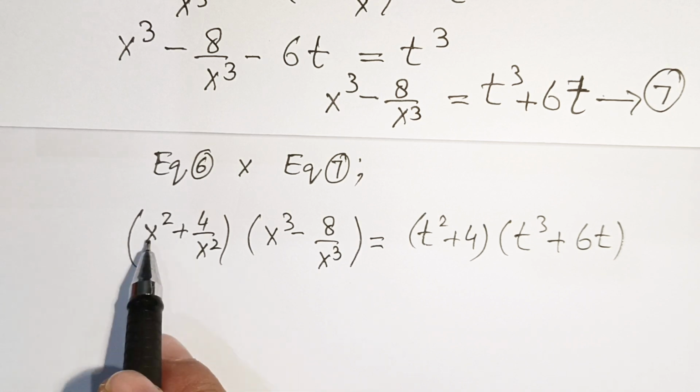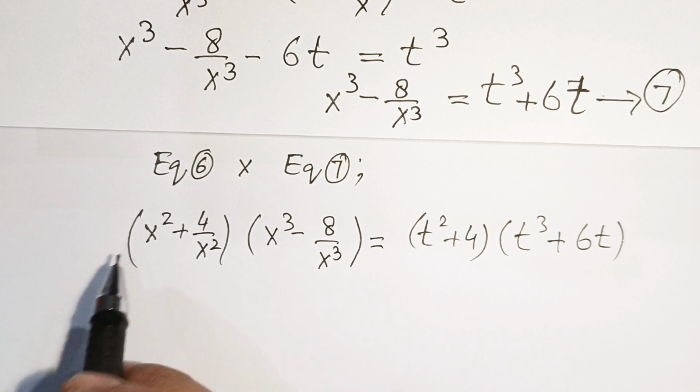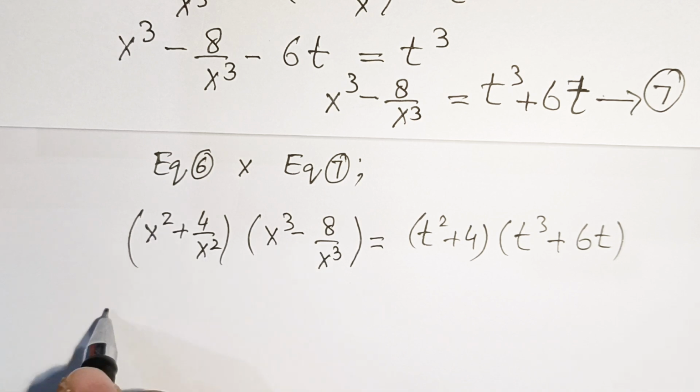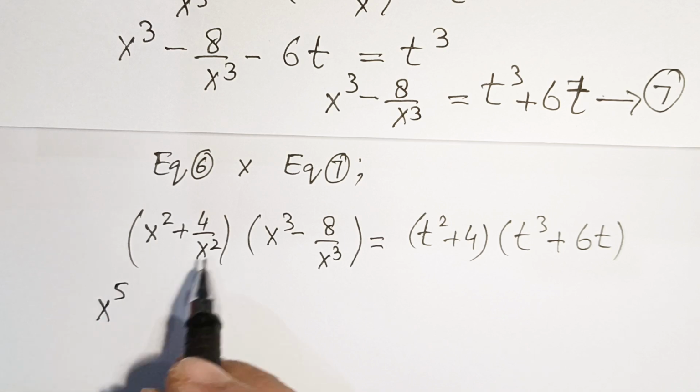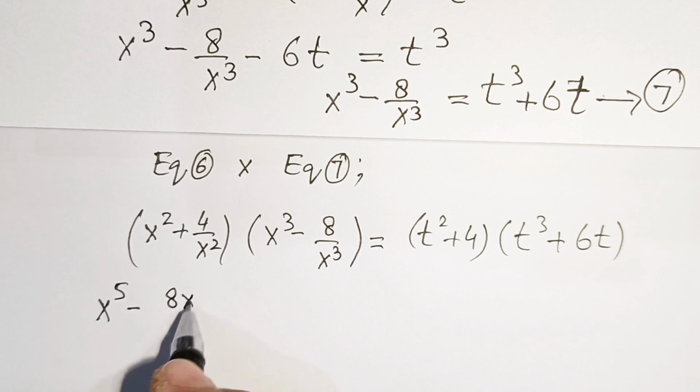Here this first term can be multiplied with x cubed and then 8 over x cubed. Then we get x squared multiplied by x cubed, which is x to the power 5, and here we have minus 8 times x squared over x cubed.